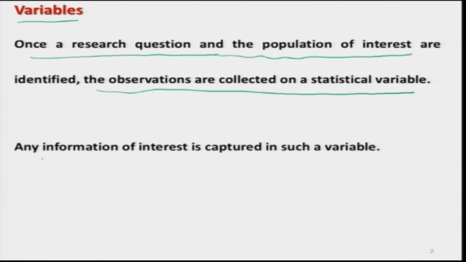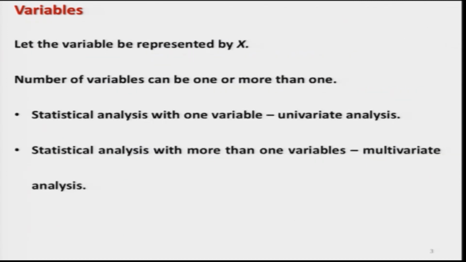Right. So whatever is the information in which we are interested, that is captured inside or through a variable. Now, in statistics there is a convention that these random variables are always represented by a capital letter.